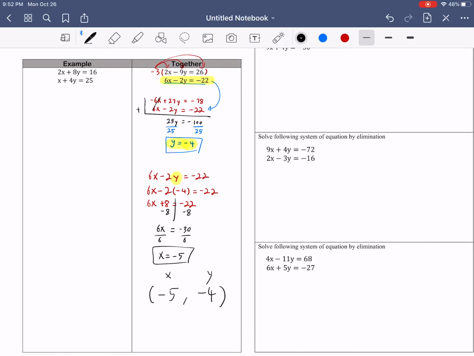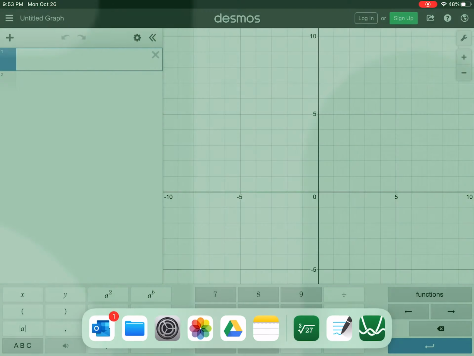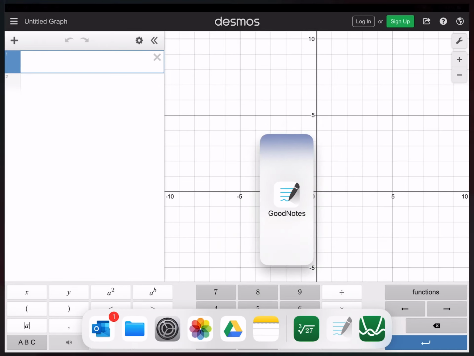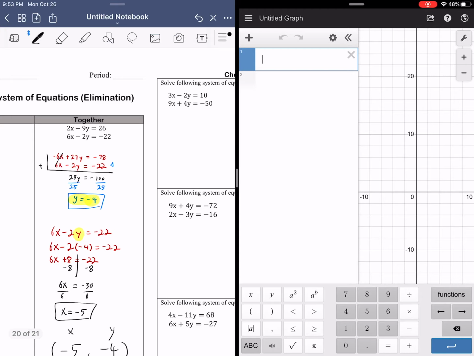So that's how you solve this system of equations by elimination. All right? For your information, if you do not know what we are doing right now, I hope you remember last time we did solving equations by graphing.